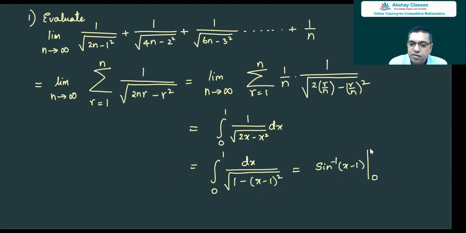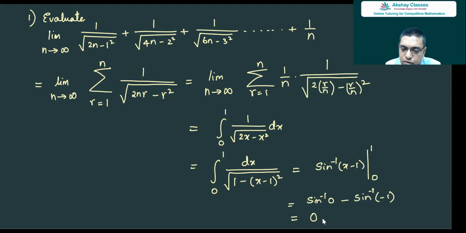So based on the standard result that we have discussed, dx by under root of 1 minus x square is sine inverse x. So x is replaced by a linear x minus 1. So instead of sine inverse x, you get sine inverse of x minus 1. So we get sine inverse of 0 minus sine inverse of minus 1, applying the upper and the lower limits.